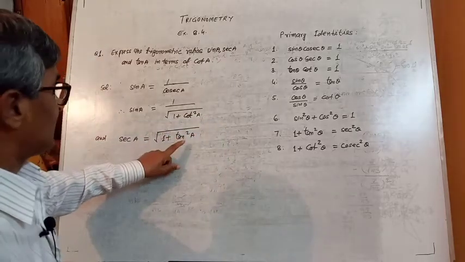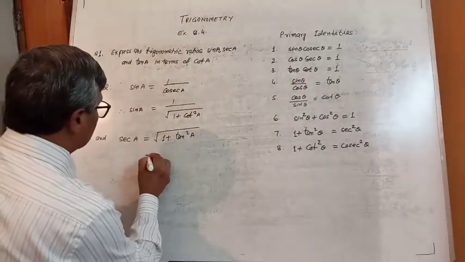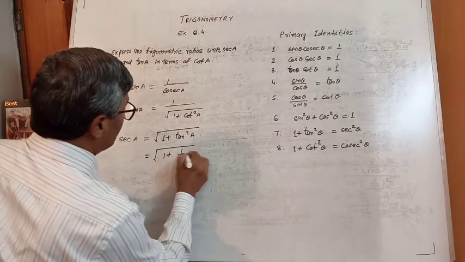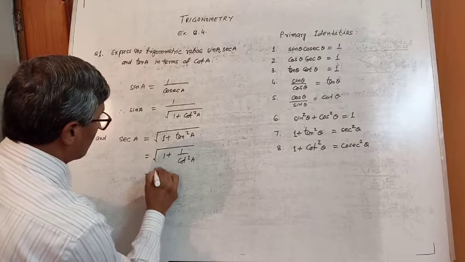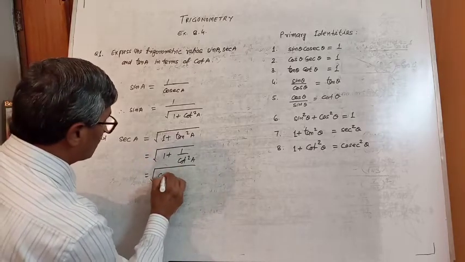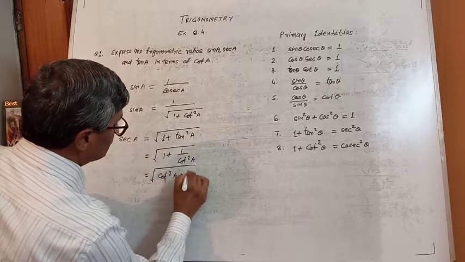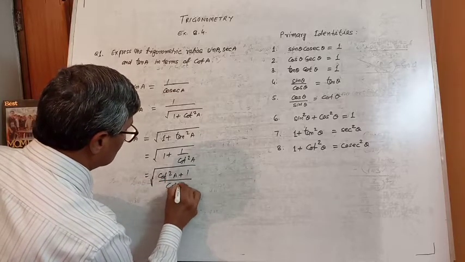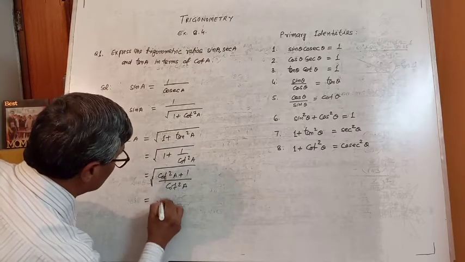And you know that tan is related to cot from here. So we can write under root 1 plus 1 upon cot square A. Now taking LCM, cot square A plus 1 divided by cot square A. This cot square can be taken out from the under root.